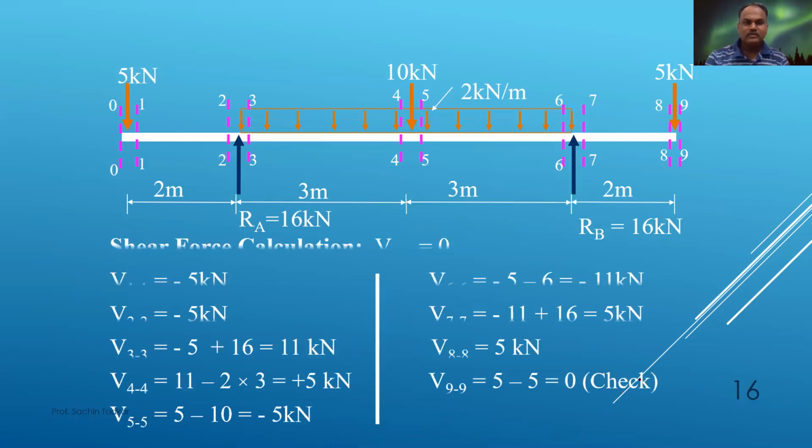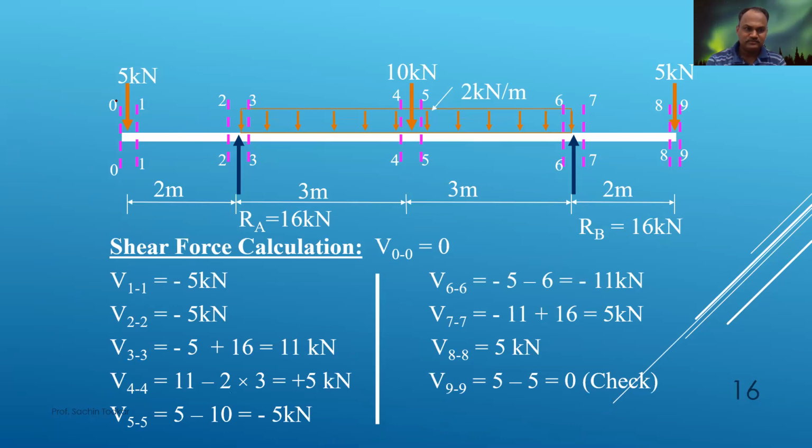Now shear force calculation. Again, I have taken sections at each and every point load. Then what will we get? Shear force at 0-0 or before 0-0 will be 0.